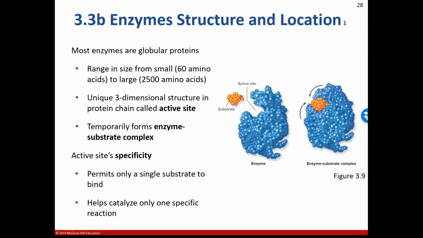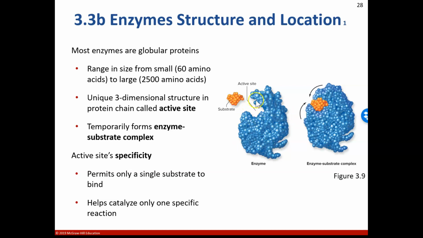Most of our enzymes are going to be globular proteins. They're going to range in size from small, being about 60 amino acids, to large, that could be 2,500 amino acids. And they have this unique three-dimensional structure in a protein chain called an active site.